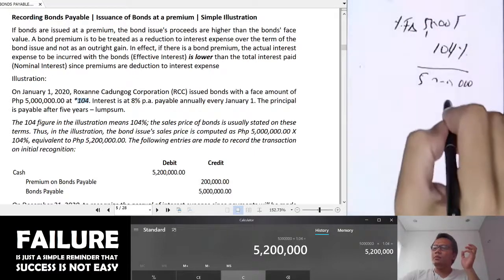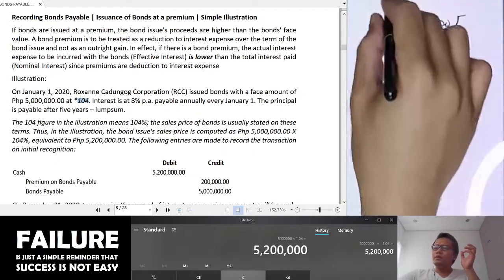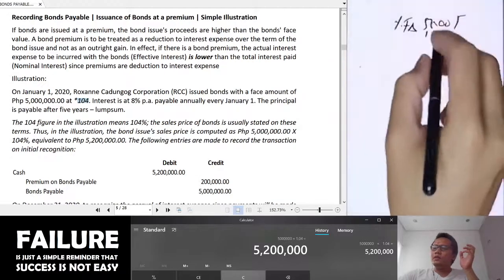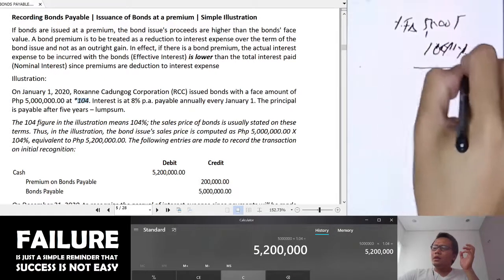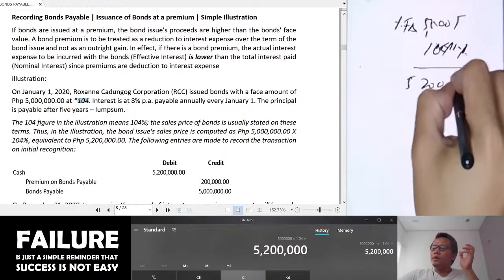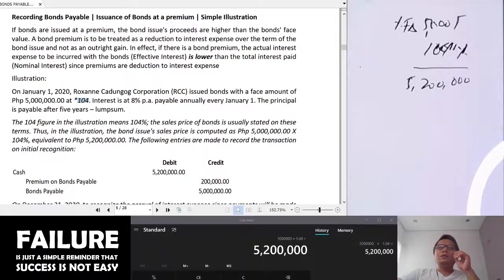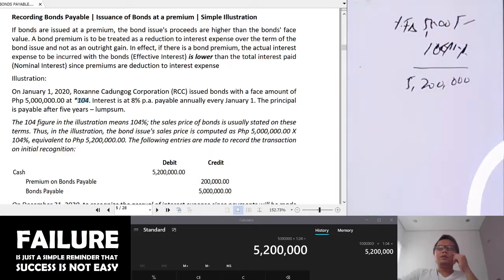Okay, that would be 5 million 200. If you may notice, 5 million 200 is higher than the face amount of 5 million, diba?